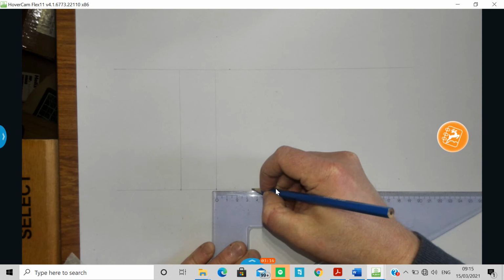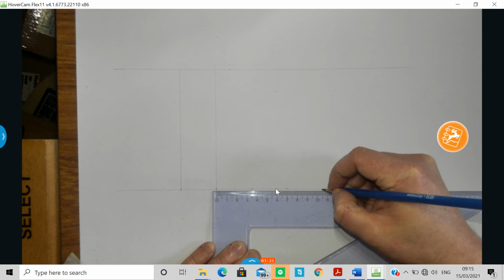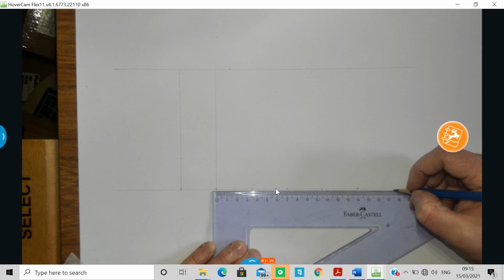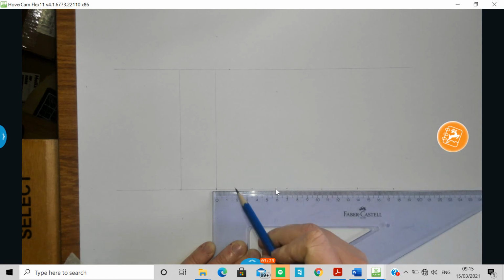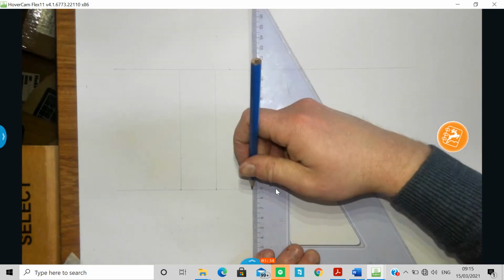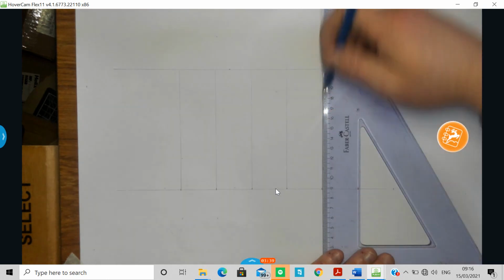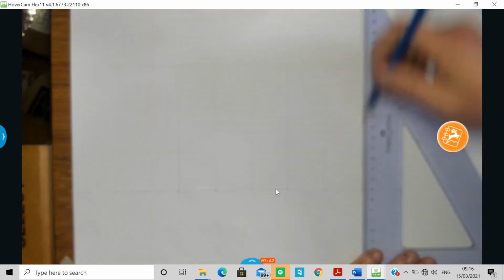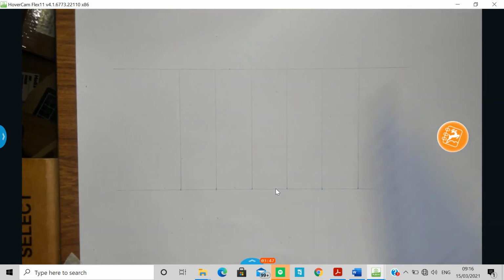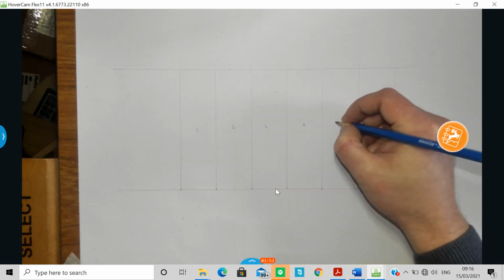So I'm going to go 35 this way, so that'll be 2, 3, 4, 5 and 6. Okay, so there are my rectangles. I'm just going to number them for the sake of it: 1, 2, 3, 4, 5 and 6.